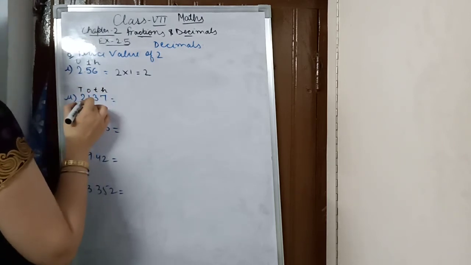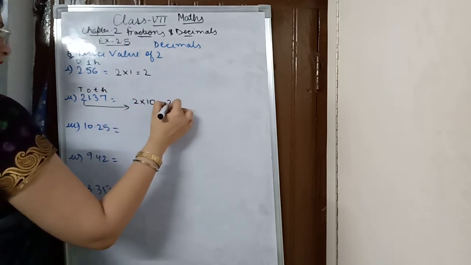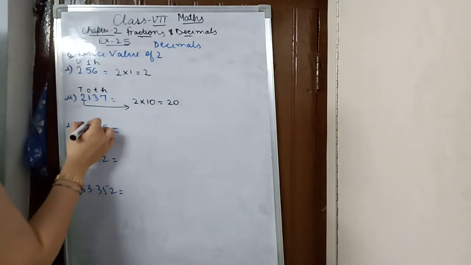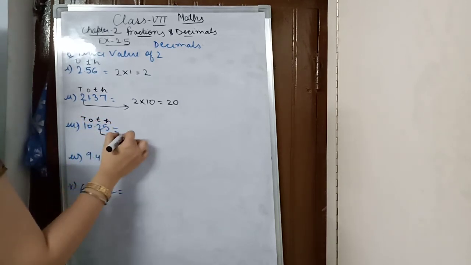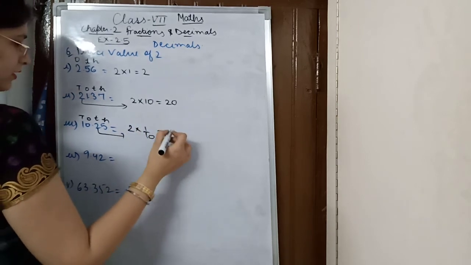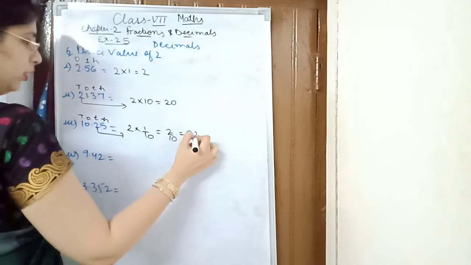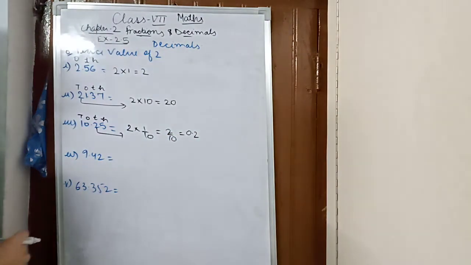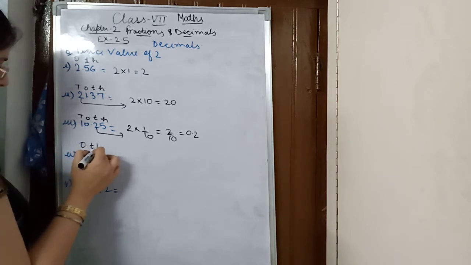Here ones, tens, this is 10th and this is 100th. The place value of 2 is 2 into 10, that is 20. Okay, here again this is ones, tens, 10th, 100th. The place value of 2 is 2 into 1 upon 10, that is 2 upon 10, which is equal to 0.2 ultimately. Next here is 2 again, ones, 10th, 100th.